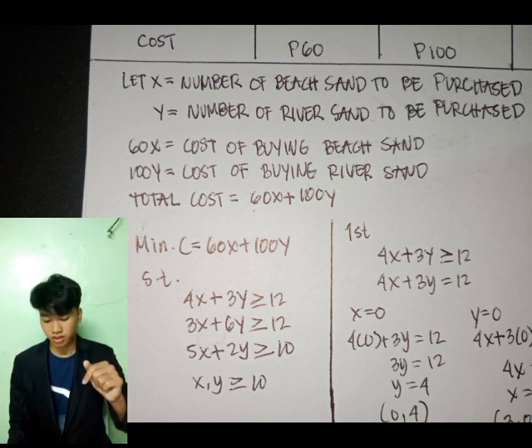The solution is 4x plus 3y greater than or equal to 12. 3x plus 6y greater than or equal to 12. 5x plus 2y is greater than or equal to 10.